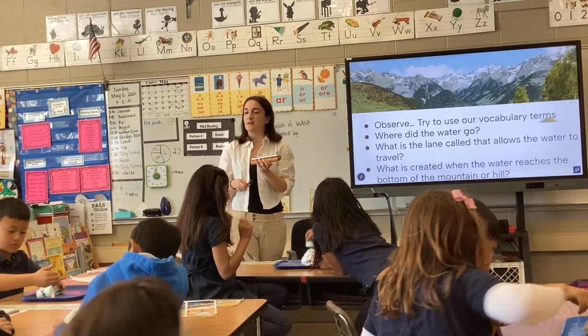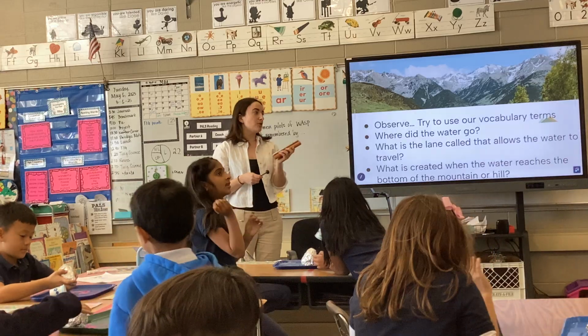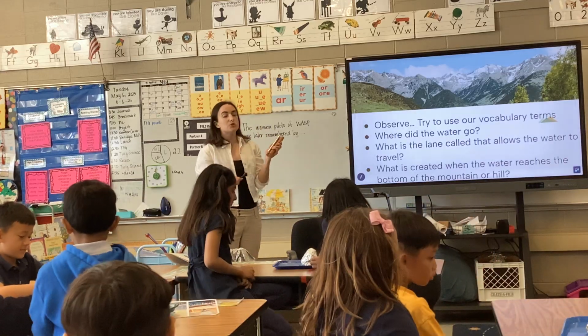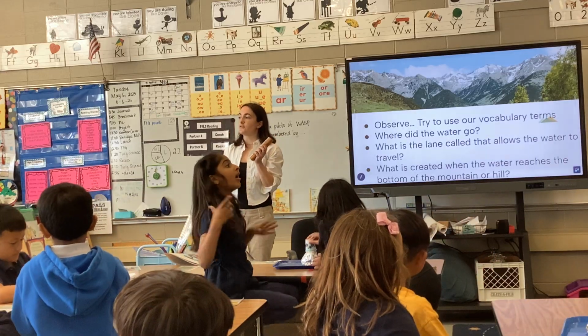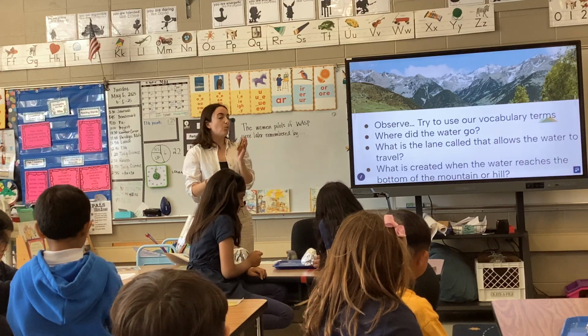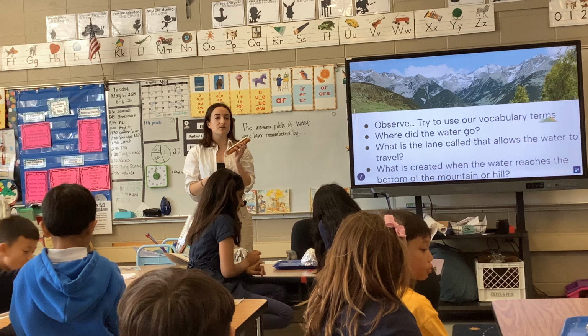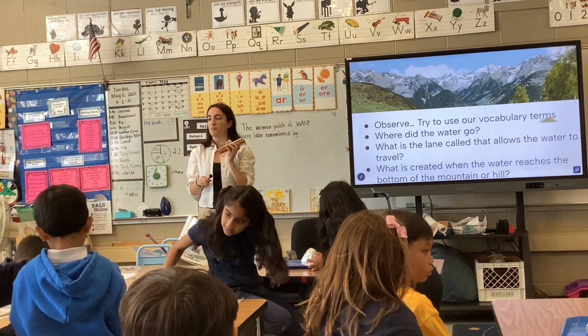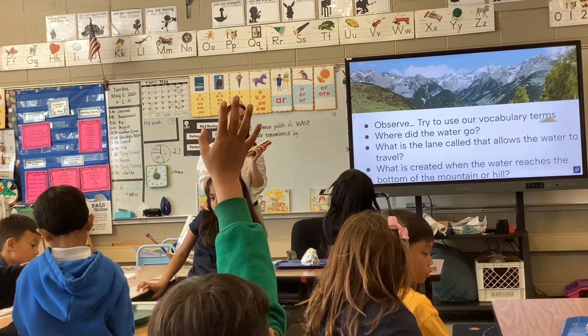All right, group 10. Our next slide over here, we're going to observe. So we're observing where the water went. Where did the water go when we poured it down the mountain? Someone tell us, Hansel?